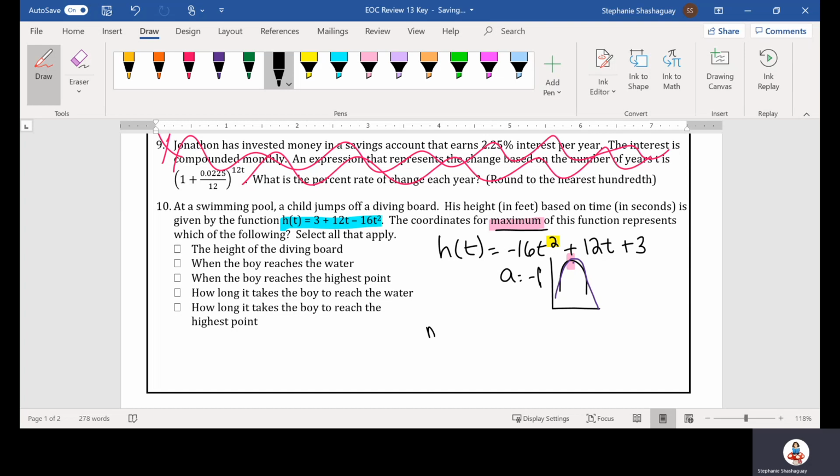The maximum is telling me the max height that the child reaches. It also tells you how long it takes for the boy to reach his max height.